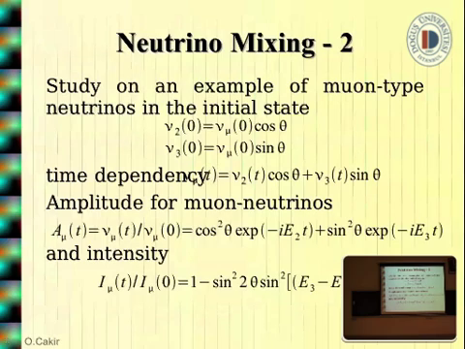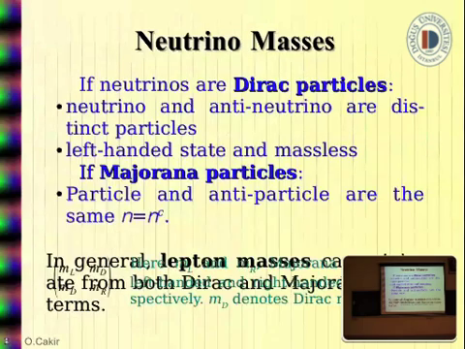So what about the neutrino masses? Neutrino masses are a difficult ingredient of the standard model because we have only the left-handed neutrinos. With this mechanism, it is not easy to give masses to neutrinos.